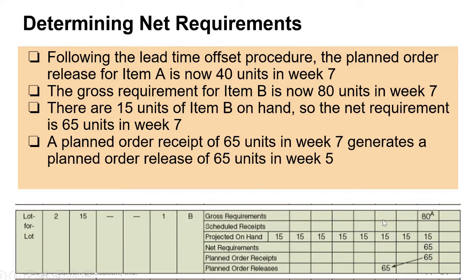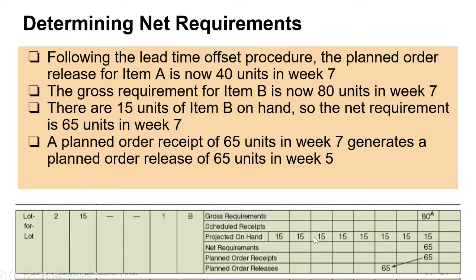Okay, you can see here, this is week 8, 7, 6, 5, 65 to be released, and you will get it in week 7. Okay, so a plan order receipt of 65 units in week 7 generates a plan order release of 65 units in week 5.